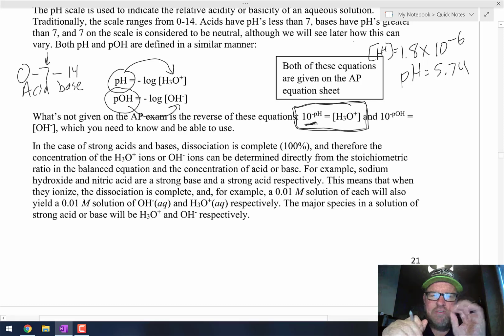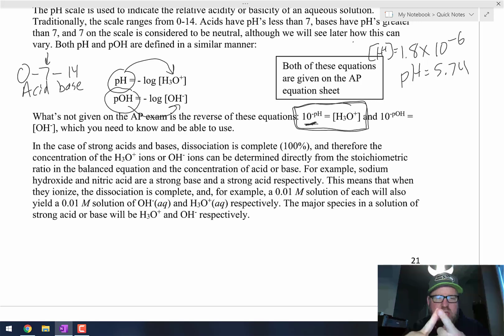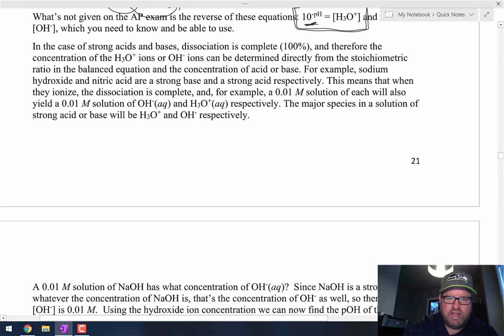So there's basically 4 different things here that we can move between: pH, pOH, the hydrogen ion concentration, and the hydroxide ion concentration. If they give you one of those 4 things, you should be able to convert to all of the other ones as well.